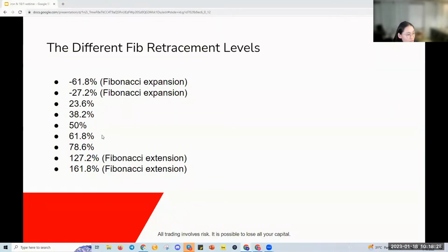And all of these in the middle are your Fibonacci retracements. And then above 100 will be Fibonacci extensions. So like I said earlier, we'll go more in depth in the coming webinars, but we'll just briefly introduce them and how to go about using them as well.